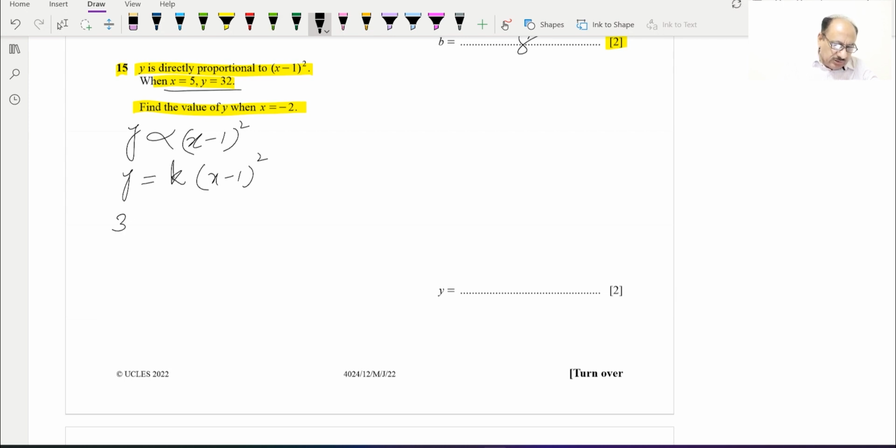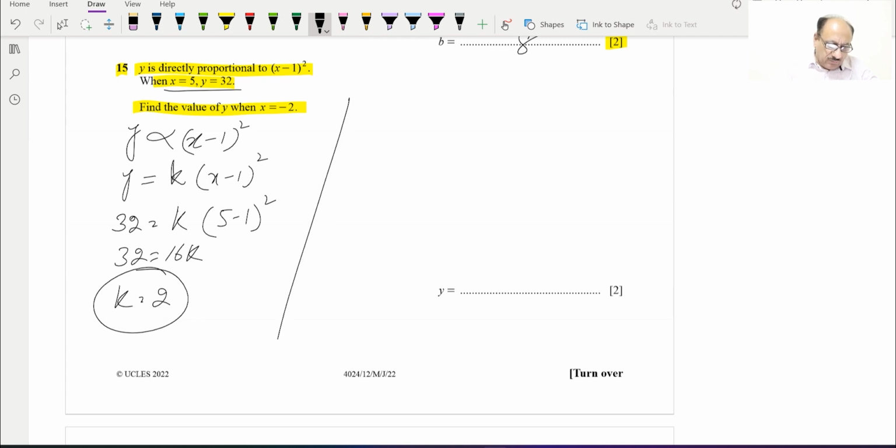So y is 32 when x is 5, so x minus 1 square will be 4 square, which is 16, so 32 is equal to 16k. So k is equal to 2. We got this value, k is equal to 2.